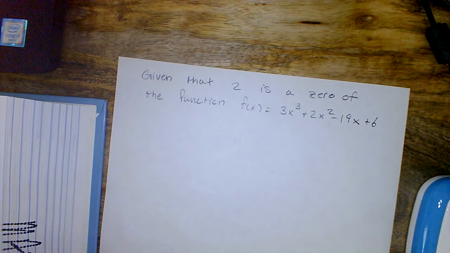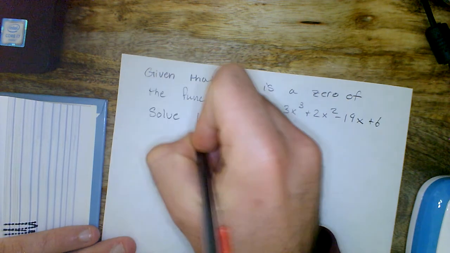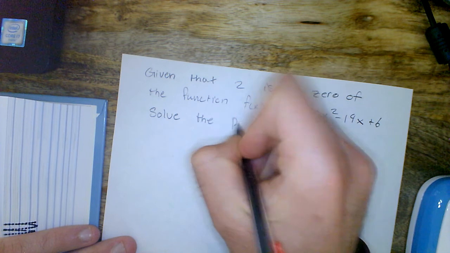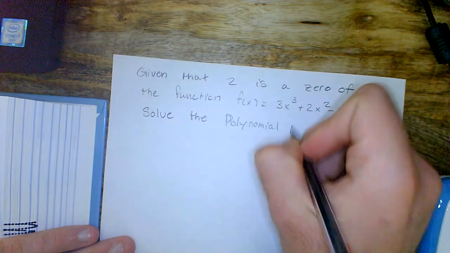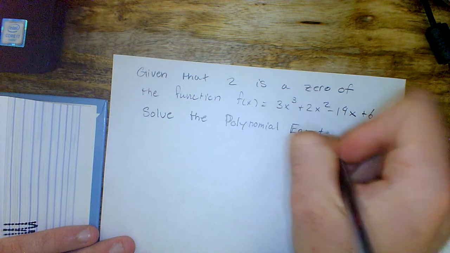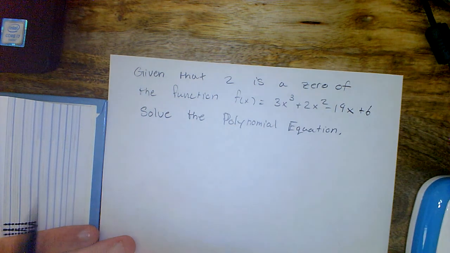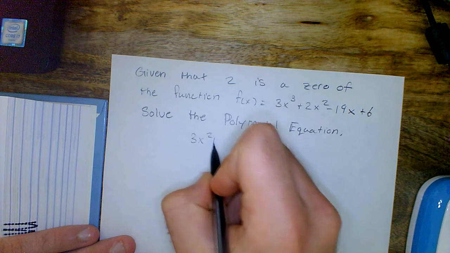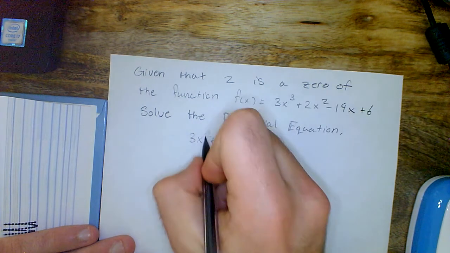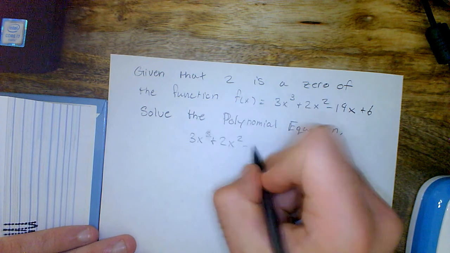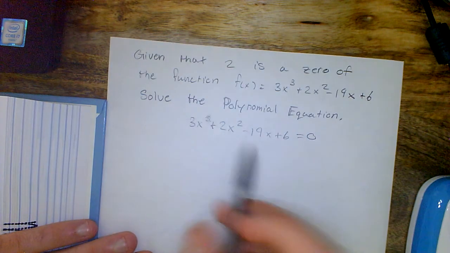Given that 2 is a 0 of the function f, solve the polynomial equation 3x cubed plus 2x squared minus 19x plus 6 equals 0.